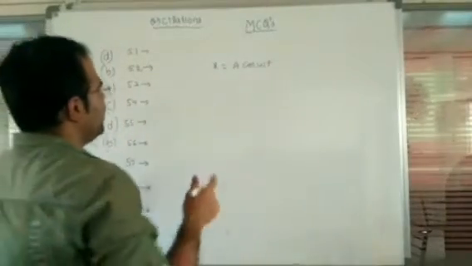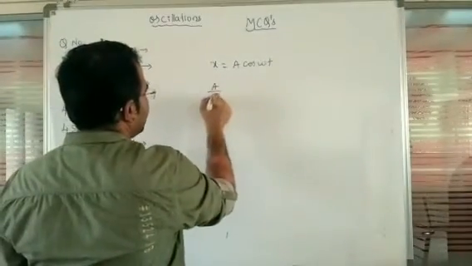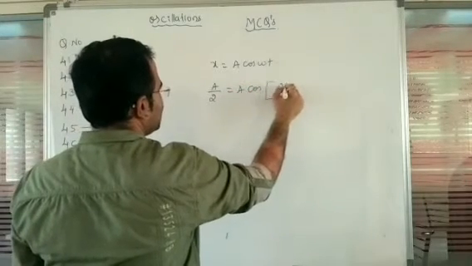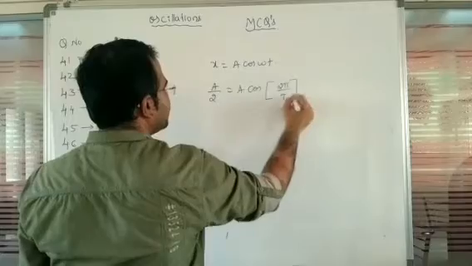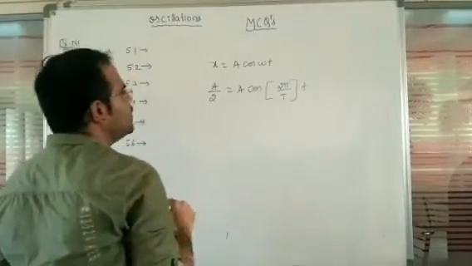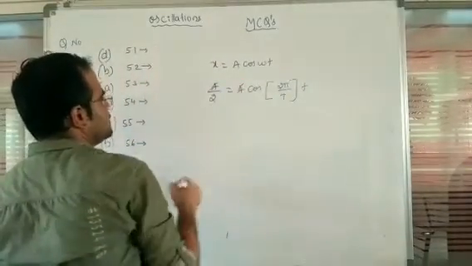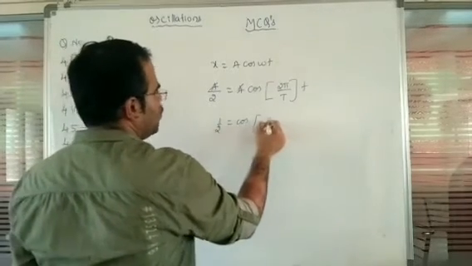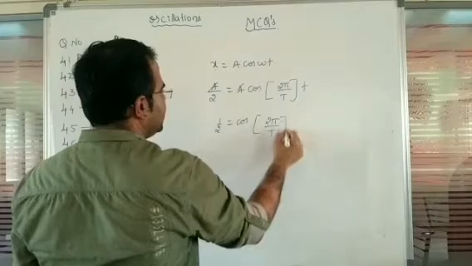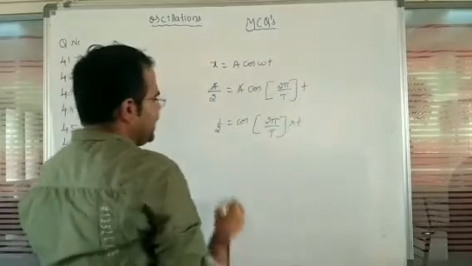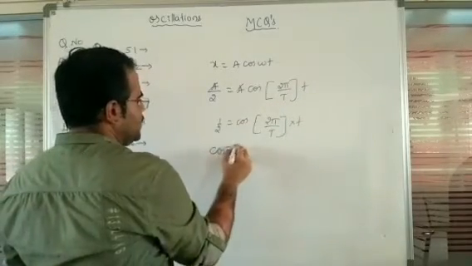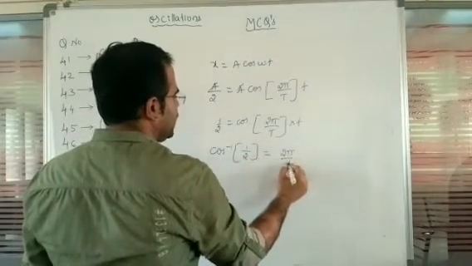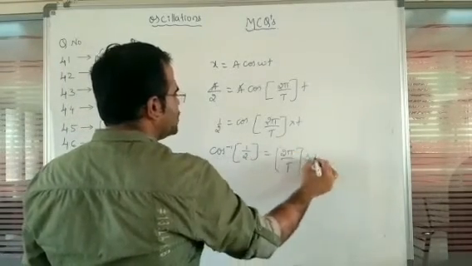Now in that one, A by 2 is equal to A multiplied by cos of 2 pi divided by T multiplied by small t here. Now, so these two will get cancelled. Again 1 by 2 is equal to cos of 2 pi divided by capital T into small t. In that one, cos inverse of 1 by 2 is equal to 2 pi divided by capital T into small t.